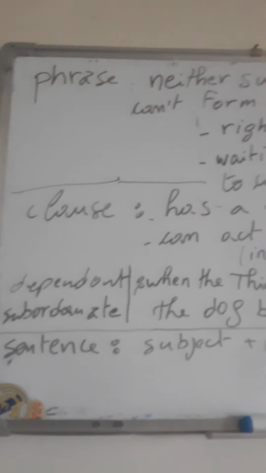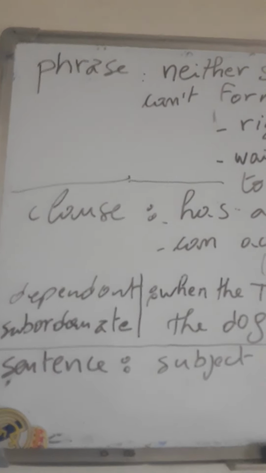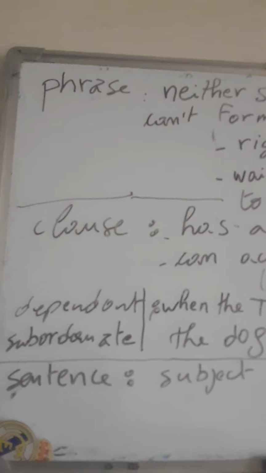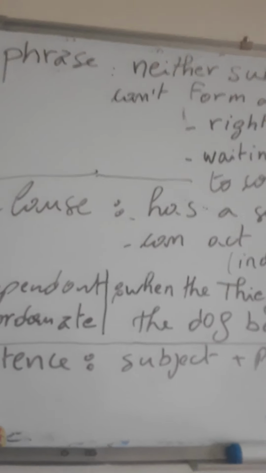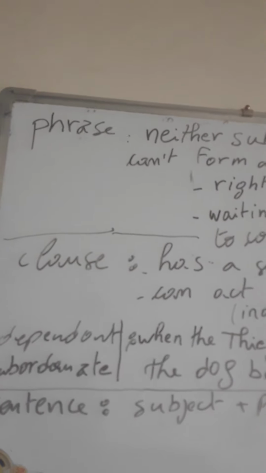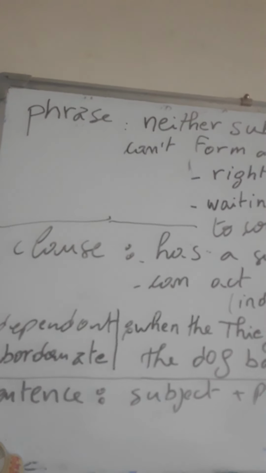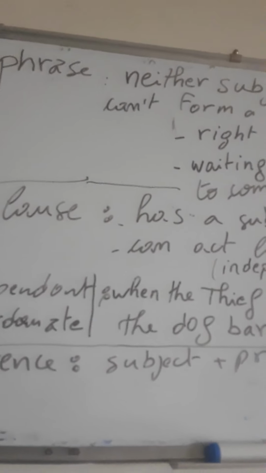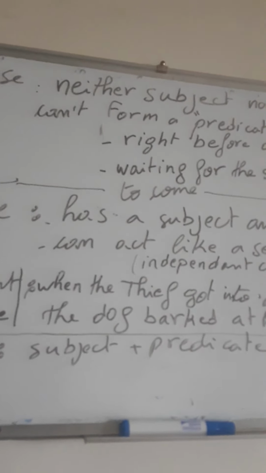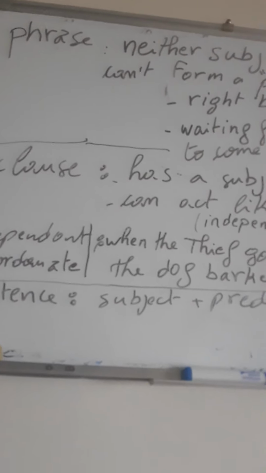All right. So again, let's start with a phrase. We say a phrase is just a group of words together without a subject or a verb, because a phrase has neither subject nor verb, so it can't form a predicate. So we know this.